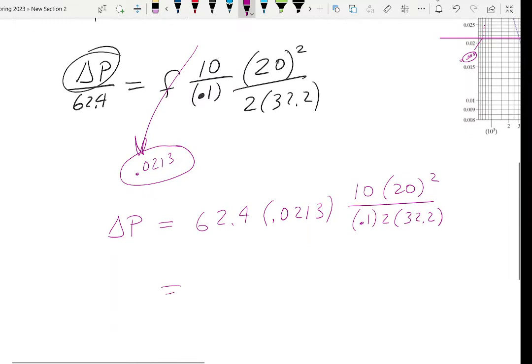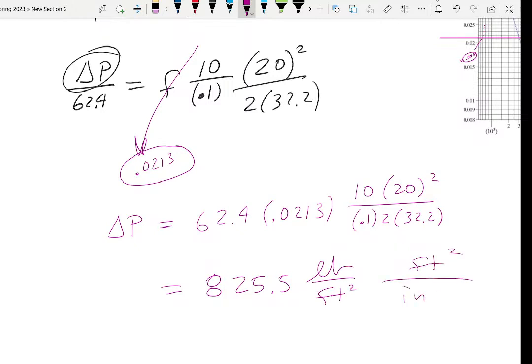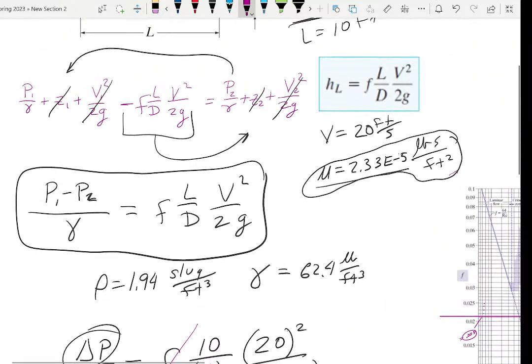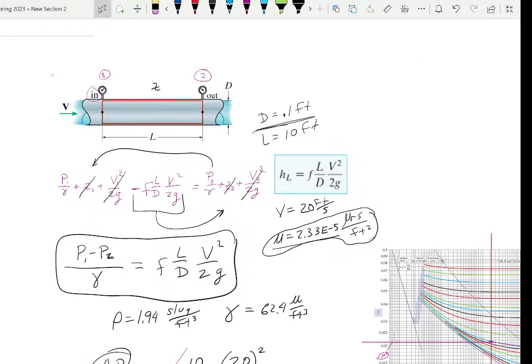So it turns out that that's 825.5, and the units on this will be pounds per square foot. If I want to, let's see, 825 by 144, 5.7 roughly PSI. So that's the delta P in this thing. So that's in a nutshell how you go through this.